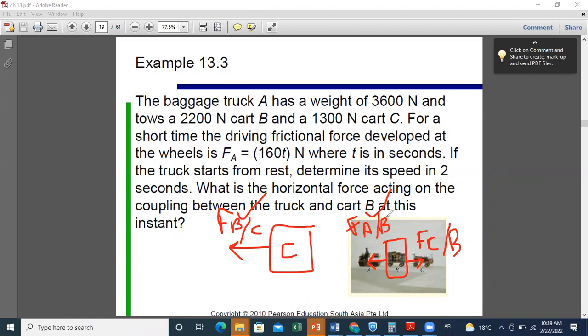If they asked for the two coupling forces, we would be forced to write two equations. But since they only asked for this coupling, to facilitate, we either take A as a system or we take B plus C as a system. Any question on this? Okay.